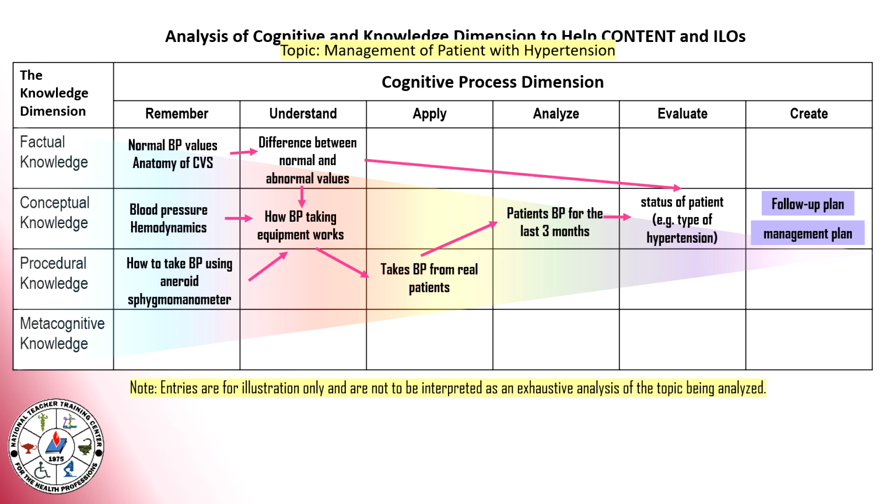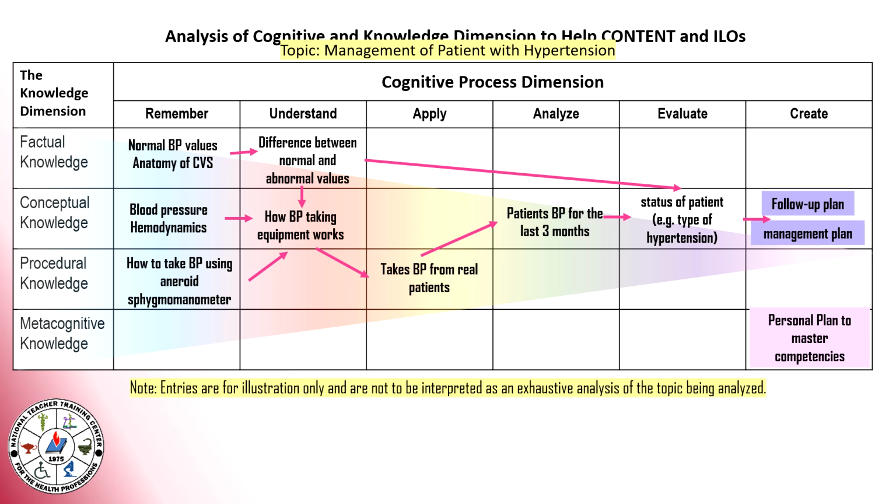You will now be able to evaluate if the patient is in a certain category of hypertension, and eventually prepare or create your follow-up and management plan. So together we can add the verb to this one using the remember, understand, apply. So if it's create, basically you will be able to write a create level outcome statement.